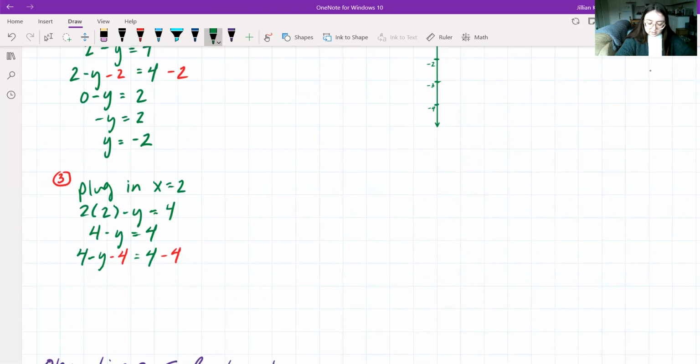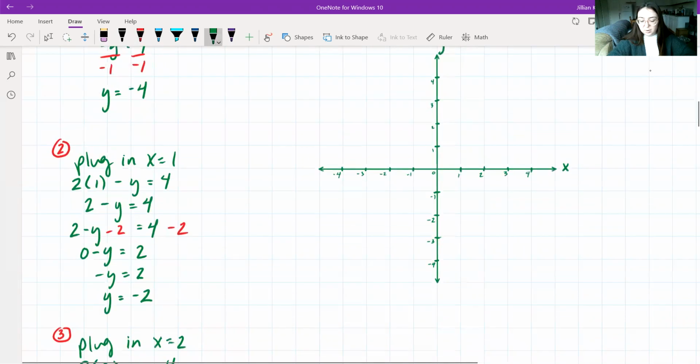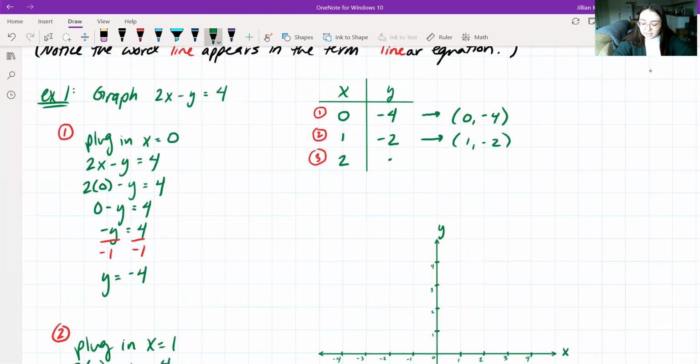Which now will give us 0 minus y is equal to 0, or negative y is just equal to 0. So this means that y is just equal to 0. 0 can't be negative, so we can drop our negative symbol in front of our variable at this point. So we get y is equal to 0. So when x is equal to 2, y is equal to 0, and our ordered pair is 2, comma 0.